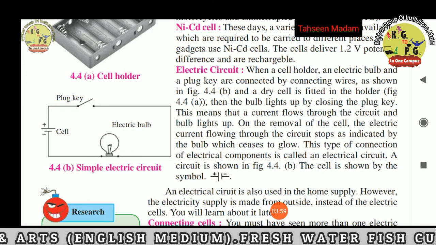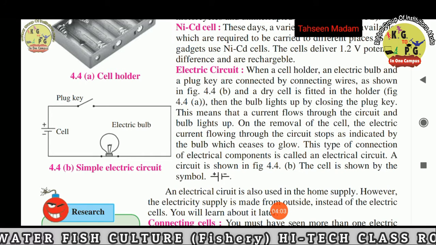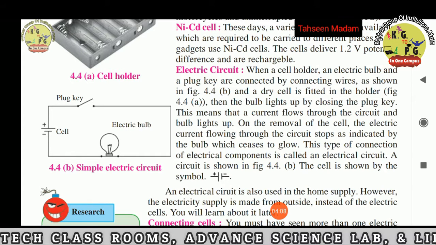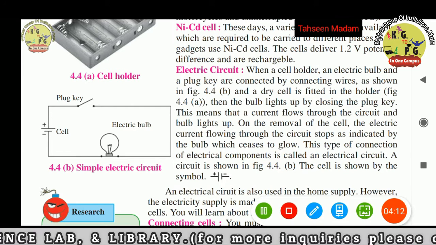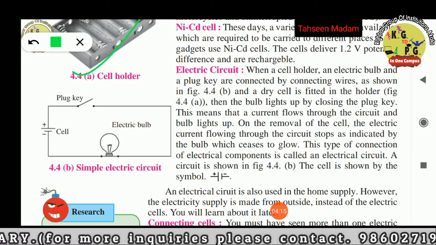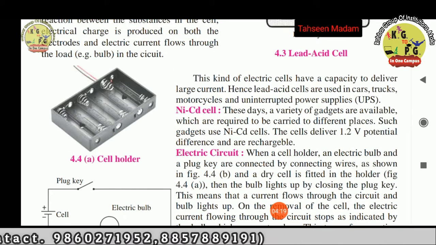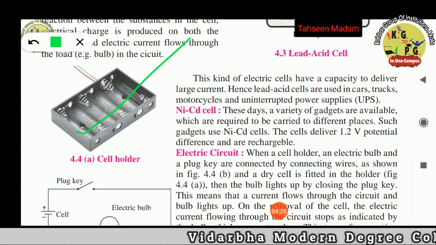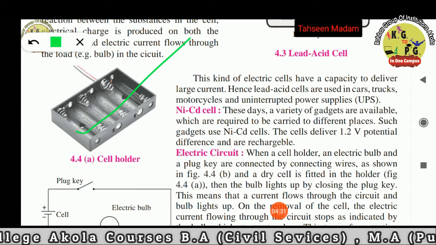When a cell holder, an electric bulb and a plug key are connected by connecting wires as shown in figure 4.4a, then the bulb lights up by closing the plug key.